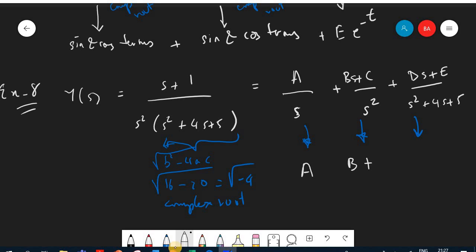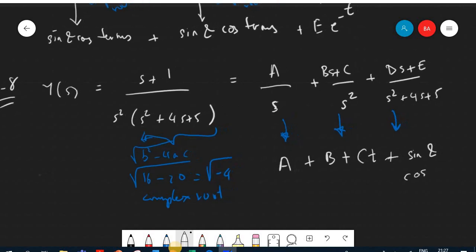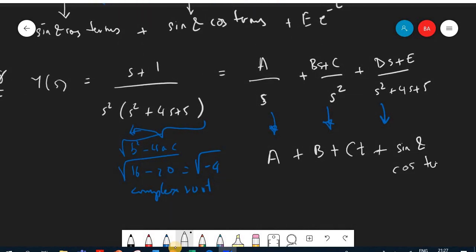The C over s squared is Ct. Beautiful. And here, definitely I will have some kind of sine and cosine terms, so it will need some effort to work on this part.